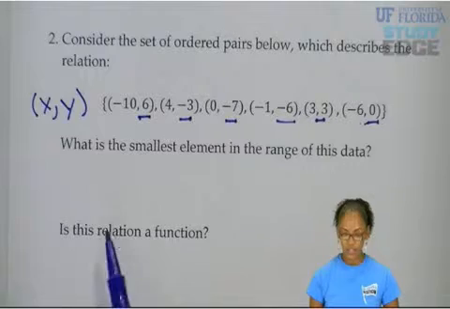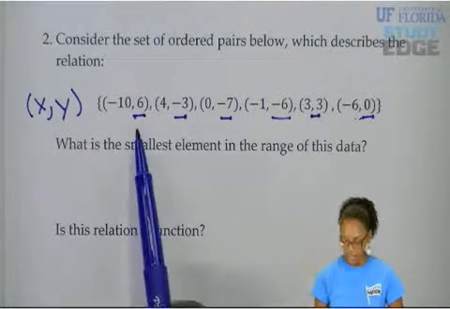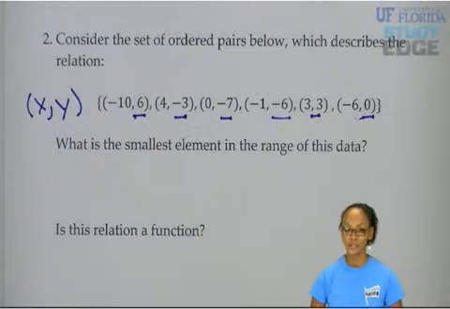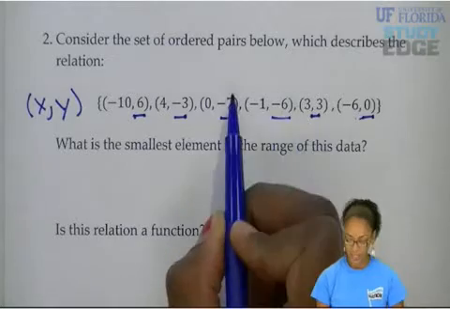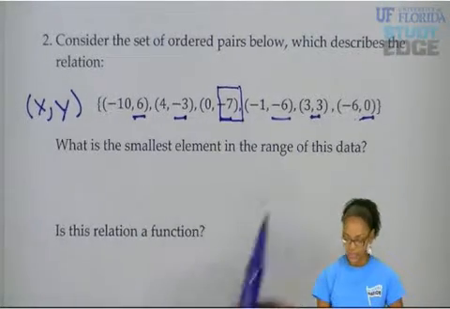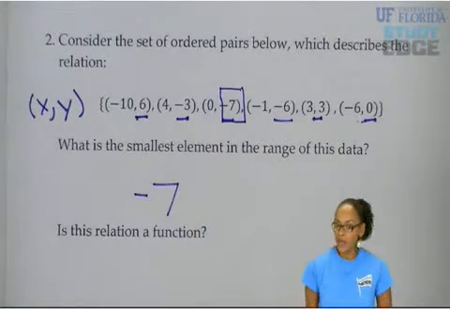To answer the question, we have to find out which underlined element is the smallest. See it? It's not -6 because -7 is smaller. So the smallest element in the range of this data is -7. Not too hard, right?